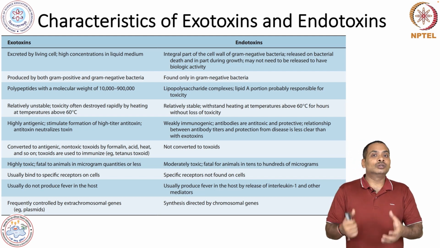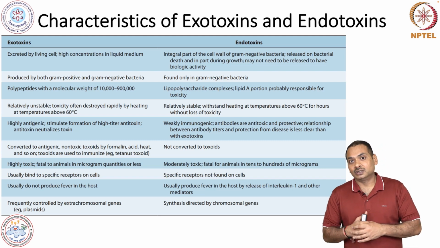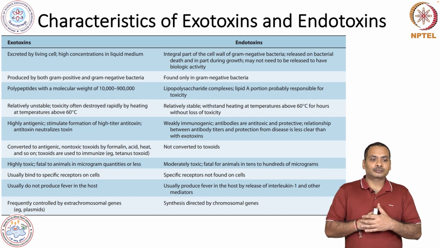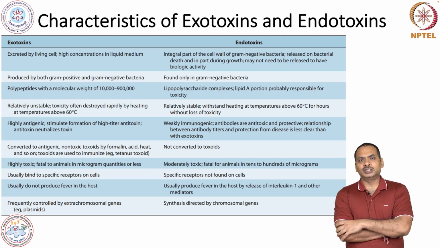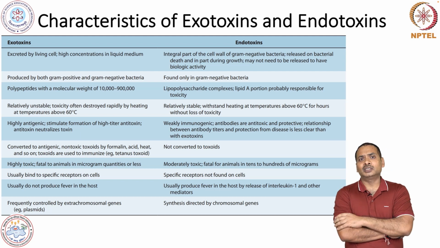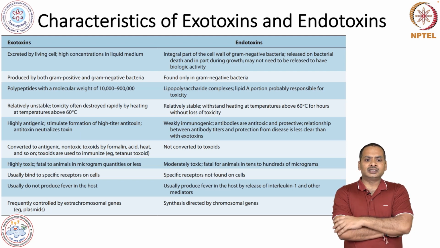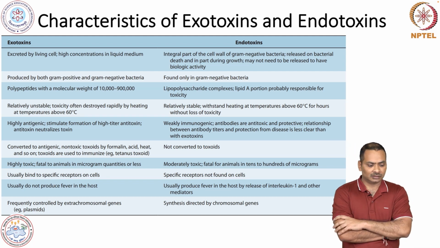So this is the effect of endotoxin. The expression of exotoxin is frequently controlled by extrachromosomal genes such as plasmid, whereas endotoxin is synthesized directly by chromosomal genes.